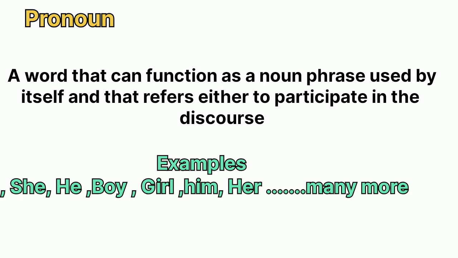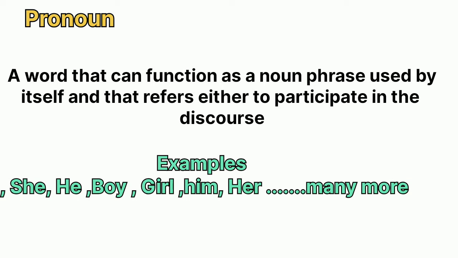So it's the same thing as a noun. It functions as a noun. And I've given examples of pronouns, which are I, she, boy, girl, theirs, and others. There are other pronouns. So now you understand what is noun, what is pronoun, which go all together.